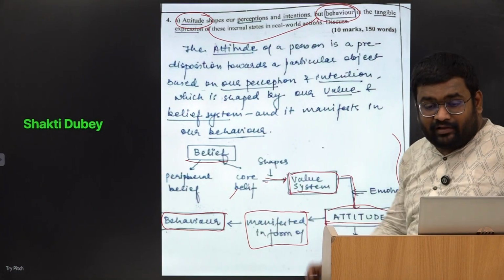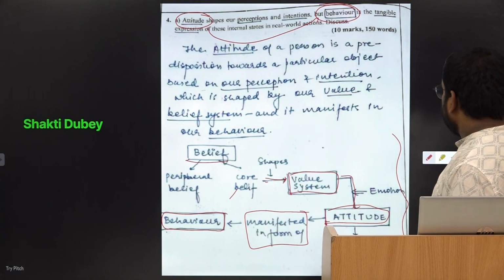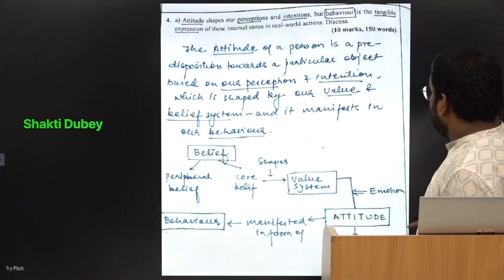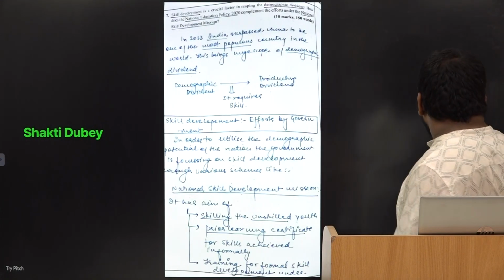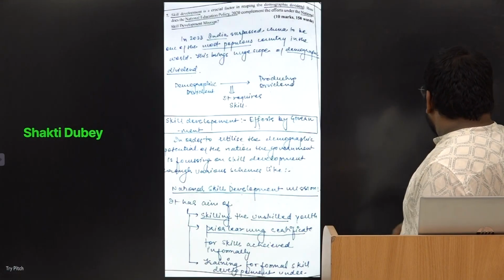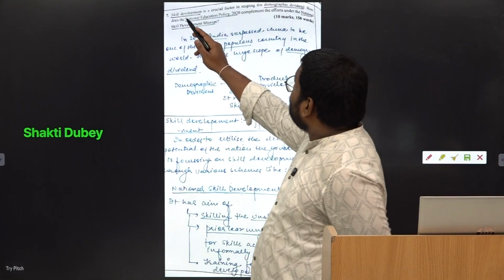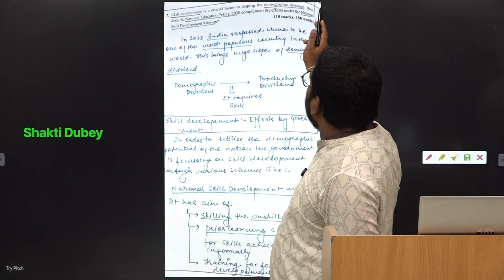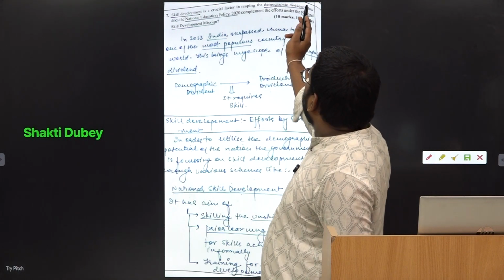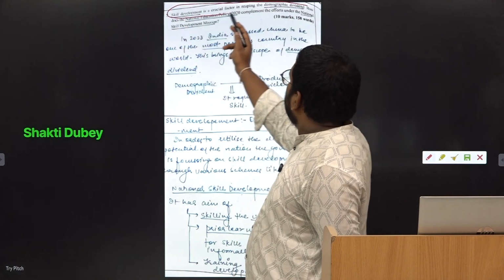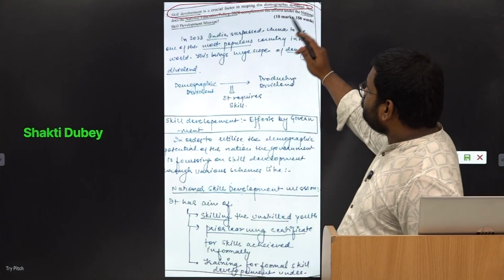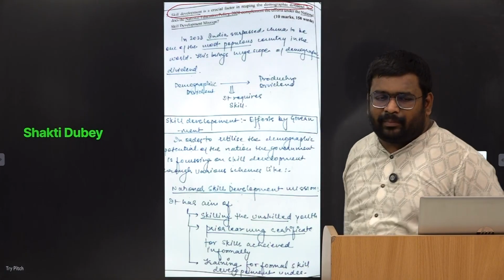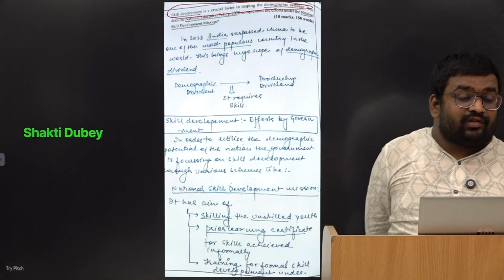Next, again Shakti Dubey. If you see, it is very simple. The question is: skill development is a crucial factor in reaping the demographic dividend. That is the first statement, and then the second part is talking about the National Education Policy.